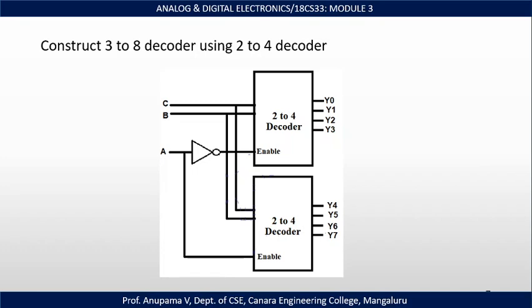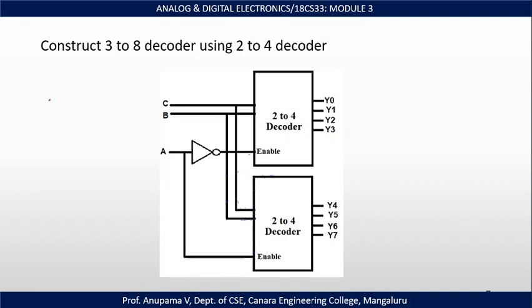And when A is set to 1, the upper 2 to 4 decoder is disabled and the lower 2 to 4 decoder is enabled. The upper 2 to 4 decoder will generate the minterms from 000 to 011 and the lower 2 to 4 decoder will implement the minterms from 100 to 111.